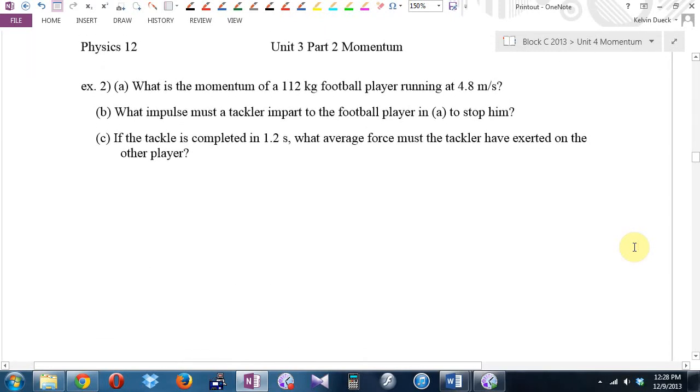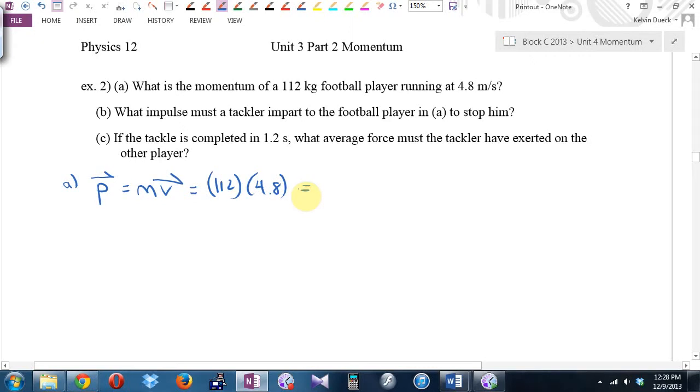What is the momentum of a 112 kilogram football player running at 4.8 meters per second? What's the symbol for momentum? P. How do I calculate momentum? Mass times velocity. So it's going to be 112 times 4.8.